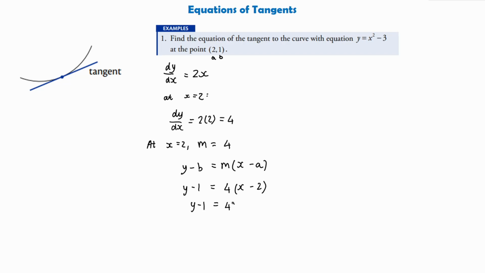So we get 4x minus 8, and I think I'll take everything over to one side, so we'll get 4x, subtract y from both sides, and then add 1 to both sides, equals 0, and this gives us the equation of the tangent to the curve y equals x squared minus 3 at the point (2, 1).